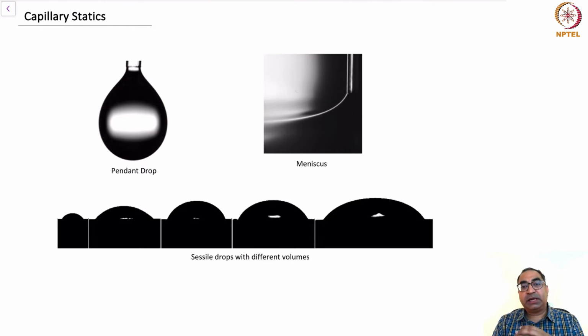Now, in capillary statics, we'll be looking at a variety of interesting problems. We'll begin by looking at the shape of a meniscus, and then I'll show you two different ways of arriving at the same conclusion. For example, we could use a force balance approach, that is, we'll use the jump conditions at an interface and obtain the shape of a meniscus.